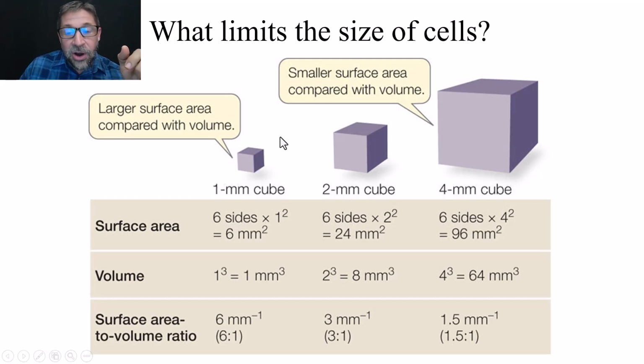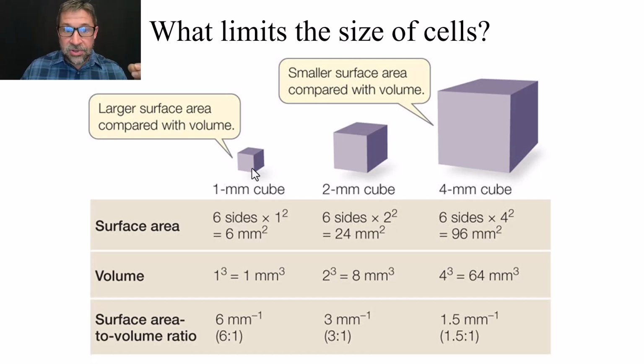Obviously, cells are not shaped like cubes, okay? Plant cells can be a bit rectangular with their cell walls, but for now, let's assume that our cells are perfectly cube-shaped, so it makes the math easy. Okay, so this small cube on the left, the length, the width, and the height, it's all 1 millimeter.